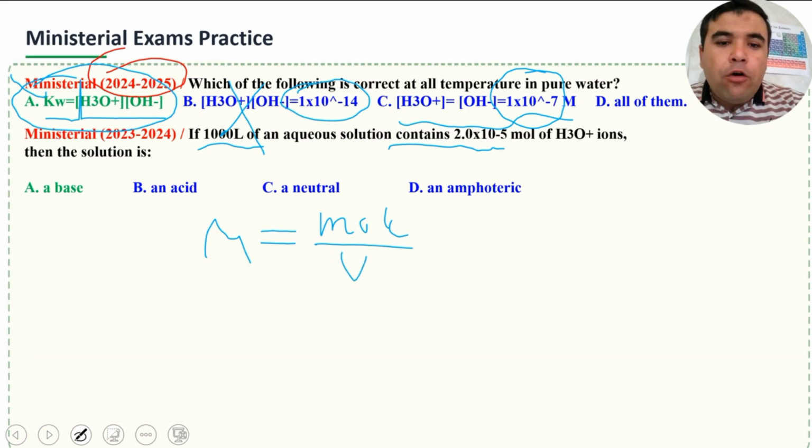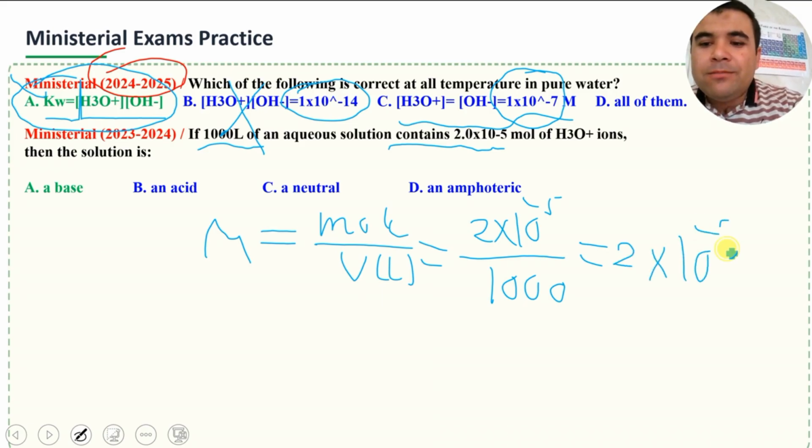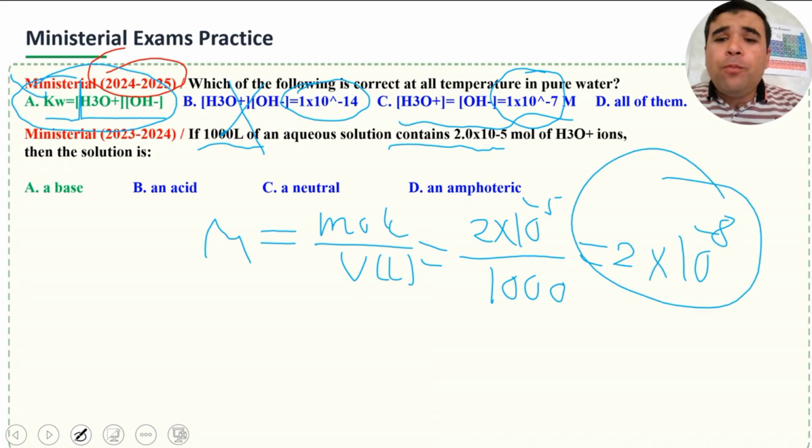Moles per volume in liters. So 1,000 liters is given. We divide 2 times 10 to the power minus 5 by 1,000, which equals 2 times 10 to the power minus 8 of hydronium. In this case, hydronium is less than 10 to the power minus 7. That's why it's a basic solution.